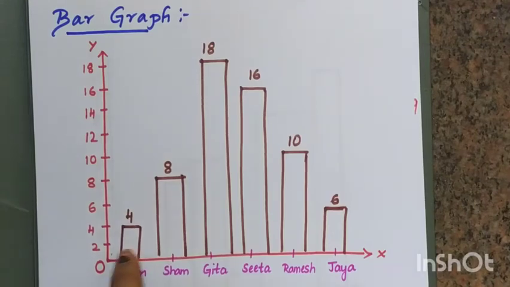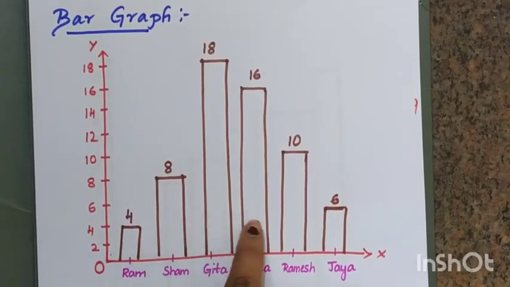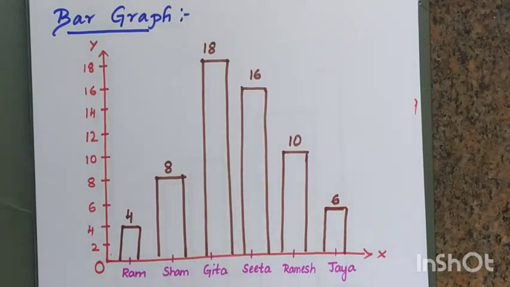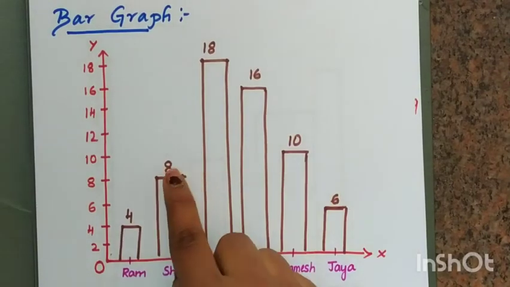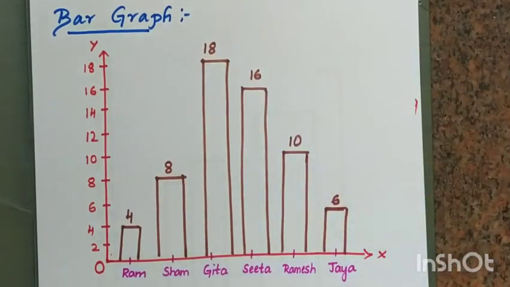That means this distance should be the same, whereas the length can differ. See, the length here is 4, whereas here is 8, then 18, 16, 10, 6. It can go high, it can come down. It depends on the question. I'm just giving you the example.